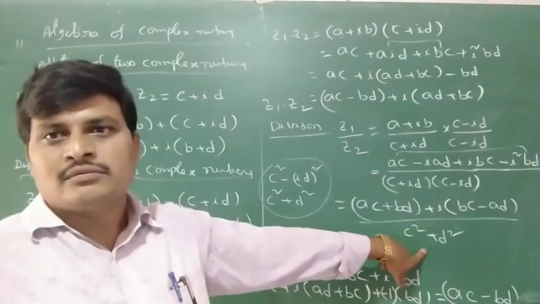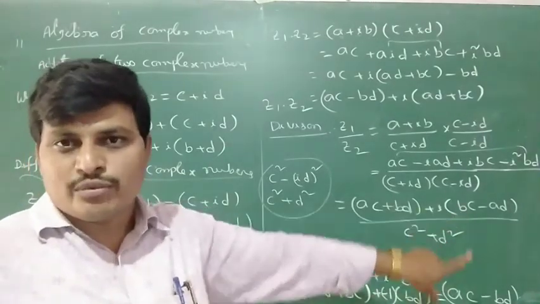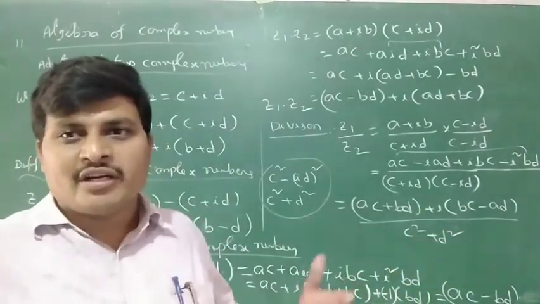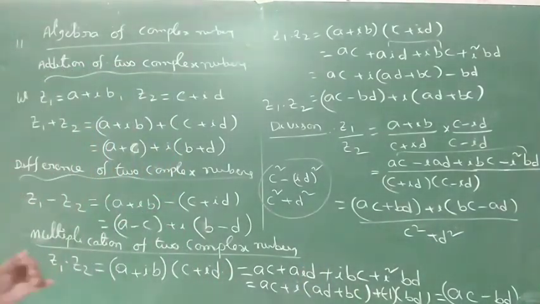If there are, calculate and rationalize: multiply numerator and denominator on both sides, minus with minus, or so. Okay, this is addition, multiplication, subtraction.